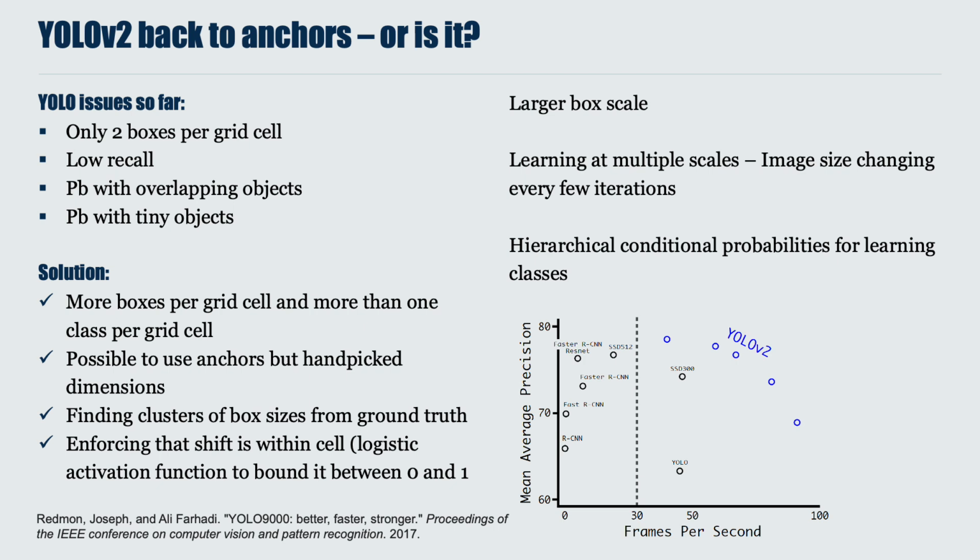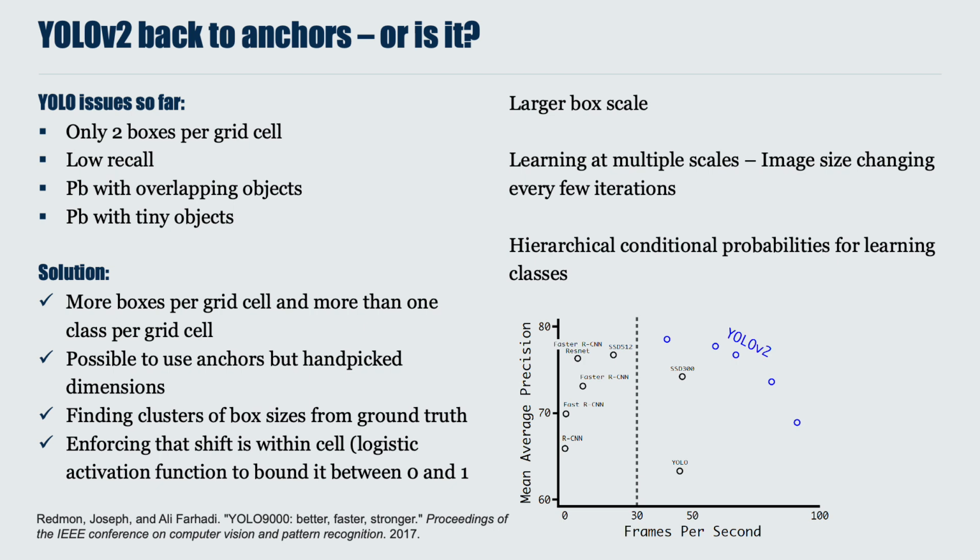They also made sure that the shift was within the cell, so they had a logistic activation function in order to bound it between 0 and 1, to avoid the box wandering around. And they increased as well the box scale, so they tried to learn at multiple scales by, instead of using a feature pyramidal network like we saw before, presenting the image at different sizes.